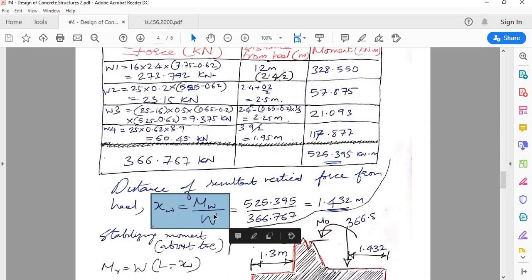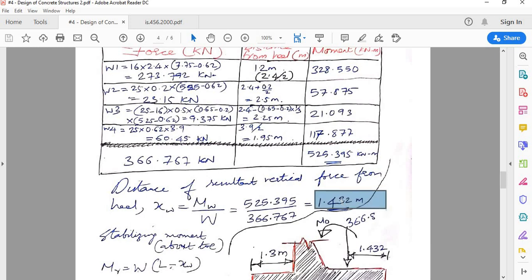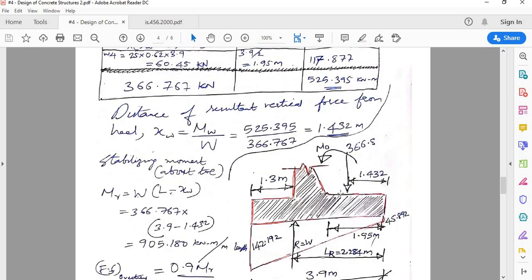So this is that familiar expression you have seen. You divide moment by force, and you get the lever arm, or the location of the resultant. Now this particular location, 1.432, is measured from the heel portion.